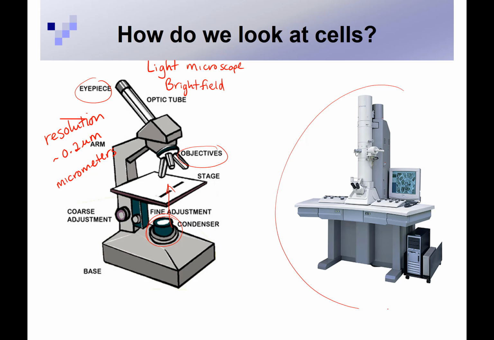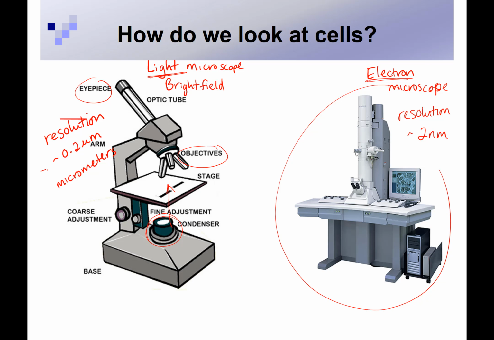Over here, this fancy guy is an electron microscope. And, like the name implies, instead of using light to let you see your image, your cells, it uses electrons. Okay. It has a resolution of about 2 nanometers.